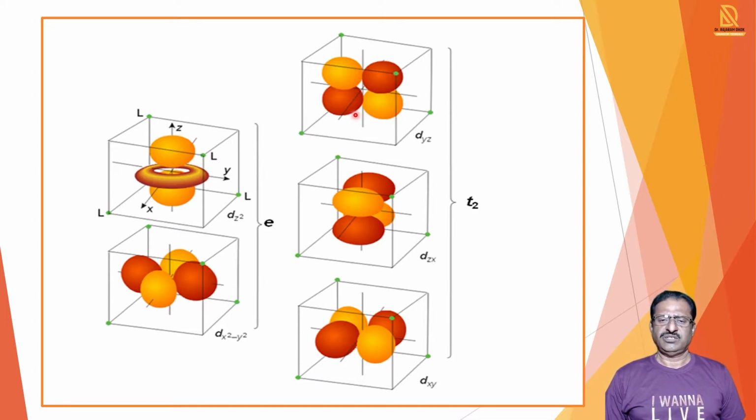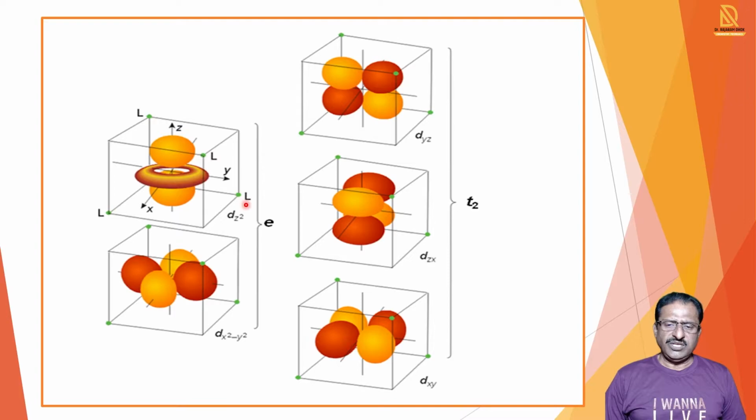At opposite directions. So you see in dyz, the lobes of that d orbital are in between the y and z axes. So when we observe that, these point towards the corner or the center of the edges. In all the T2G orbitals, such an observation is seen.